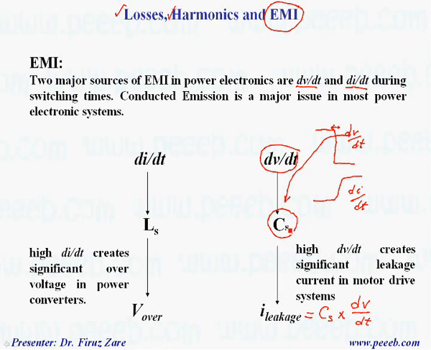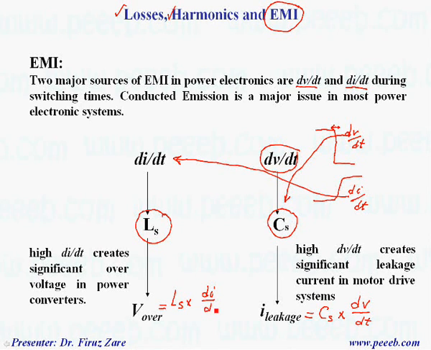And in the same scenario, when we switch on and off, we may have significant di/dt, because if we have different current loops, the current is increased and decreased. And if there is any stray inductance associated with different current loops, then we may have overvoltage, because of stray inductance times di/dt.